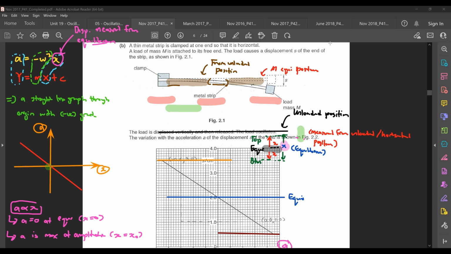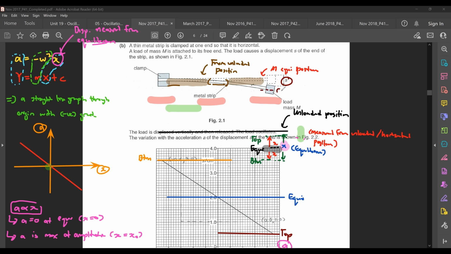Let me write it out. This one is actually your bottom amplitude, whereas this one here is your top amplitude. How do I know this? It's because your s is measured from the unloaded position.